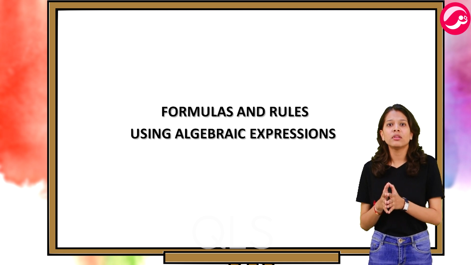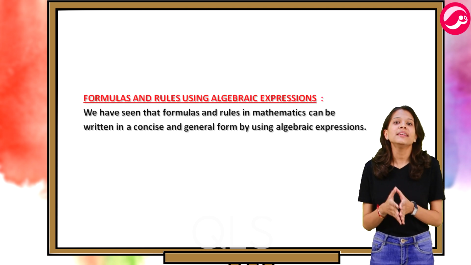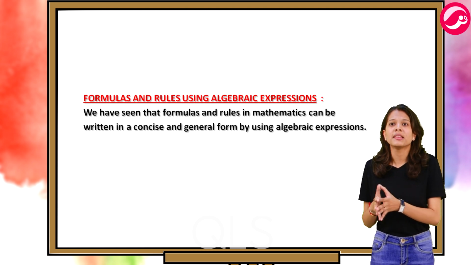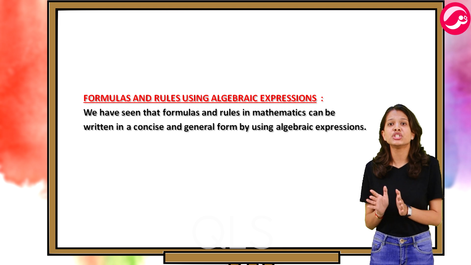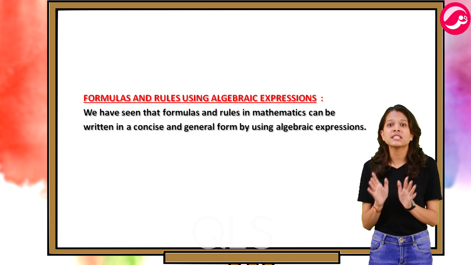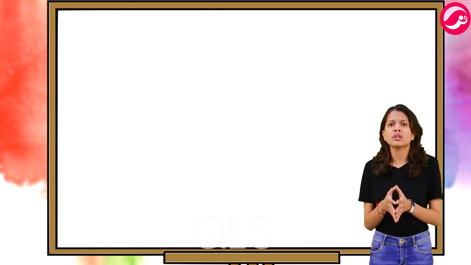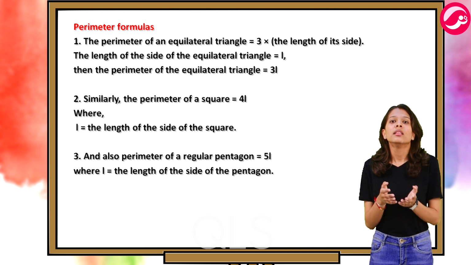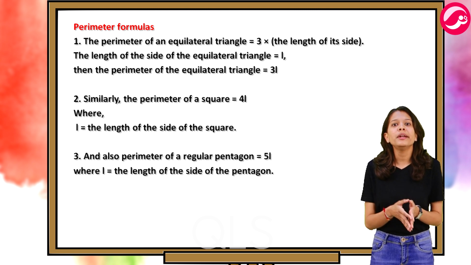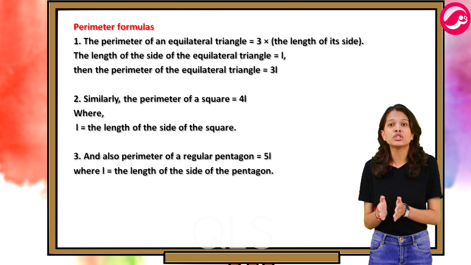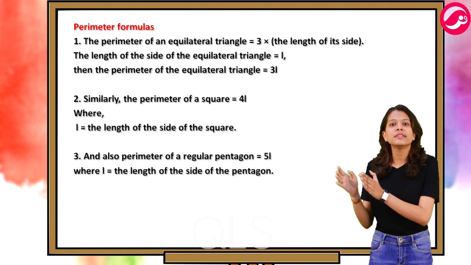Now, the next topic for the day is formulas and rules using algebraic expressions. We have seen that formulas and rules in mathematics can be written in a concise and general form by using algebraic expressions. We can see several examples of it below. The first one is the perimeter formulas. The perimeter of an equilateral triangle is equal to 3 into the length of its side.